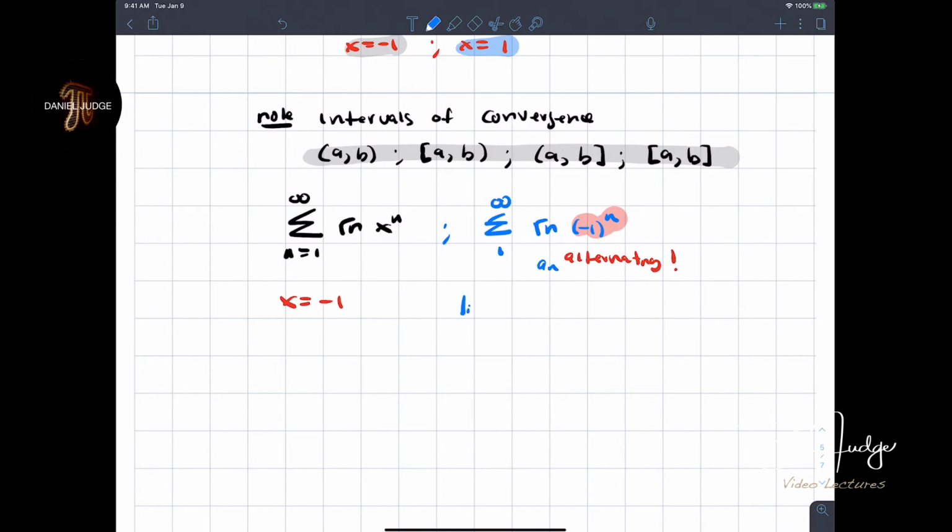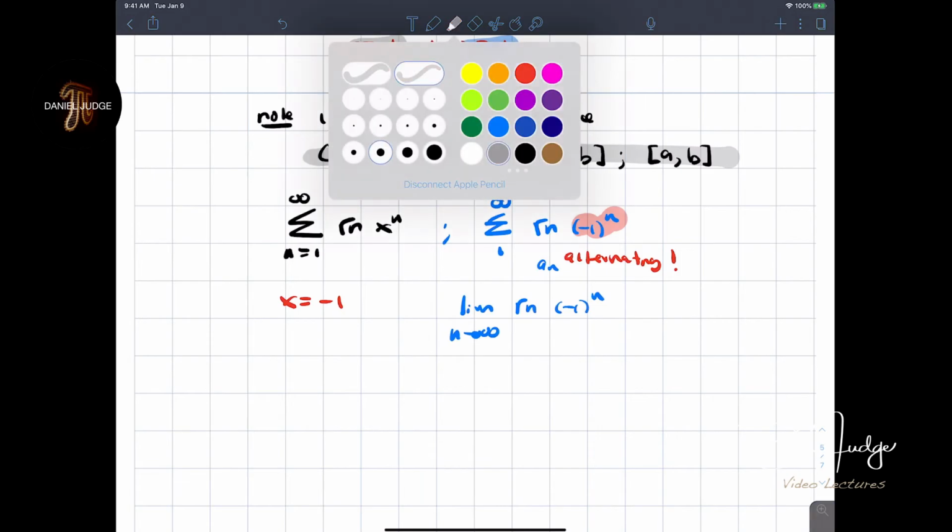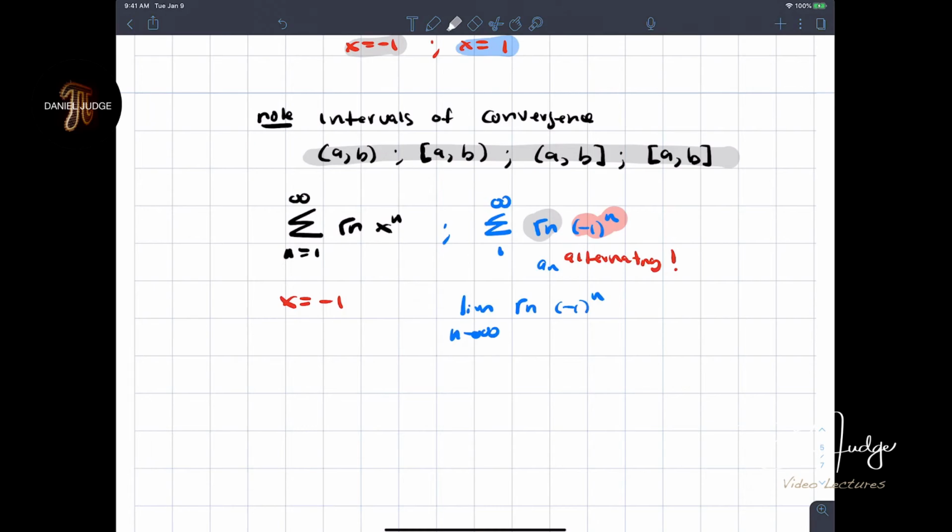Can I look at this way? I can't use the alternating series test, because this term right here, the square root of n, is actually increasing. It's not decreasing. So I can't use the alternating series test. The alternating series test applies when that term is decreasing, but that's a big hint.